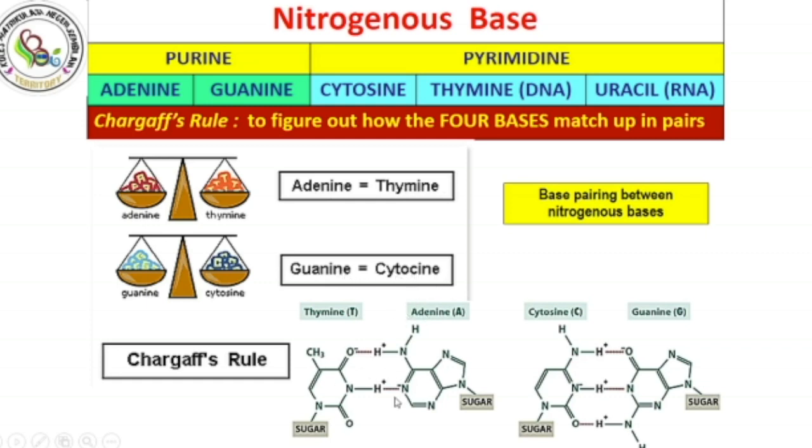This diagram shows how thymine and adenine pair together, or join together, by two hydrogen bonds. And this diagram shows how cytosine pairs with guanine, linked together by three hydrogen bonds.